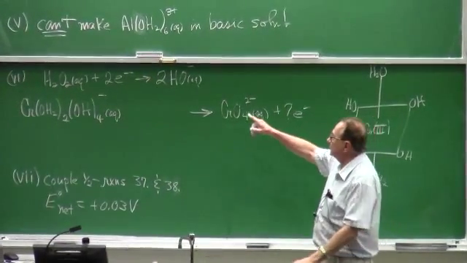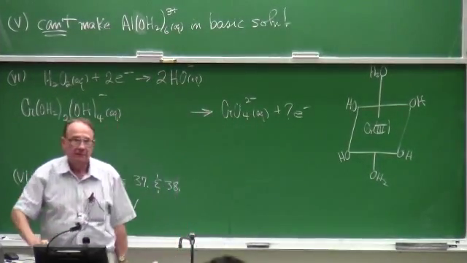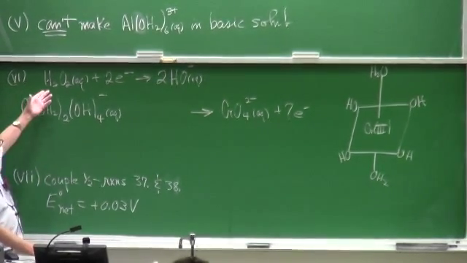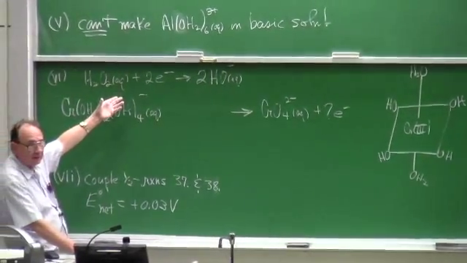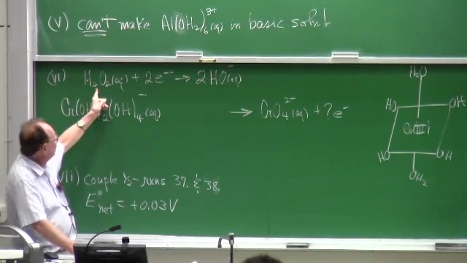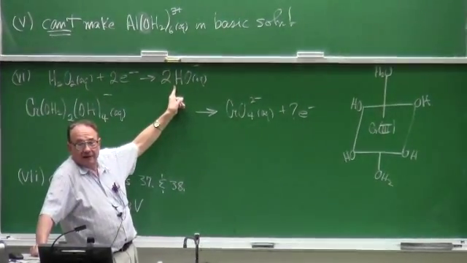When hydrogen peroxide is reduced in basic solution, you turn it into hydroxide ion. Well, establishing material balance for this is pretty simple. There's a molecule of hydrogen peroxide, 2 H atoms, 2 O atoms, so 2 hydroxide ions produced.